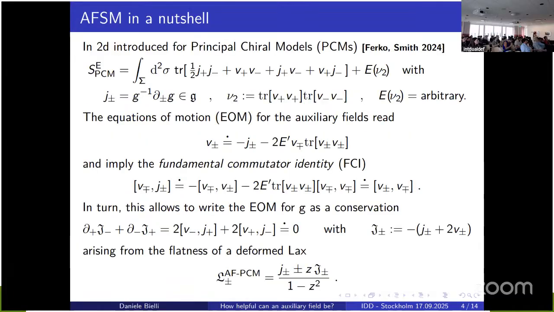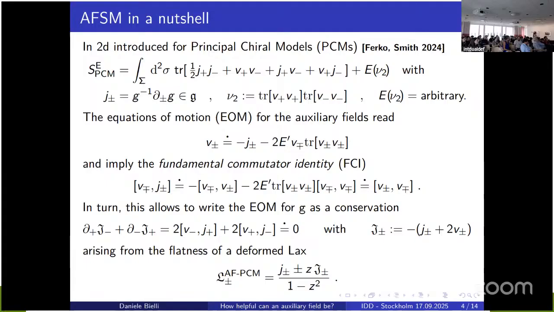Okay, so very briefly again, Christian already did all the job and introduced this deformation, but just to make sure that we're on the same page. This deformation was introduced last year by Chris and Liam, taking inspiration from some 4-dimensional Chern-Simons formalism for principal chiral models. The way these are engineered is by the introduction of auxiliary fields, this V plus and V minus that you see here in this deformed action.